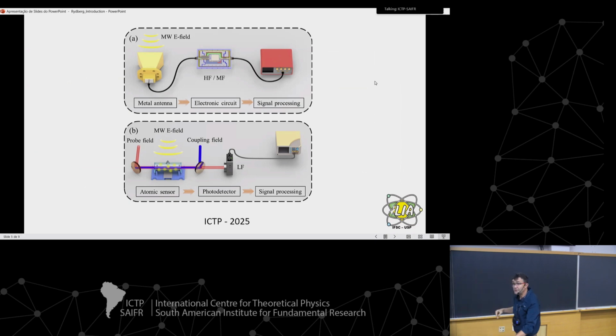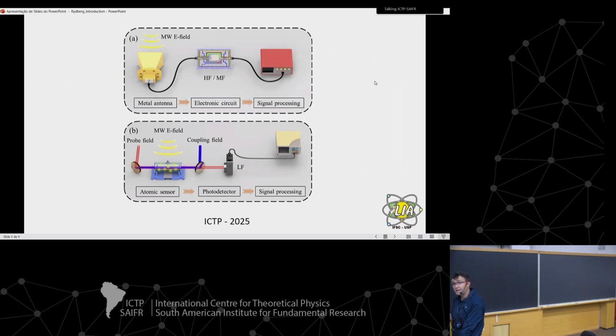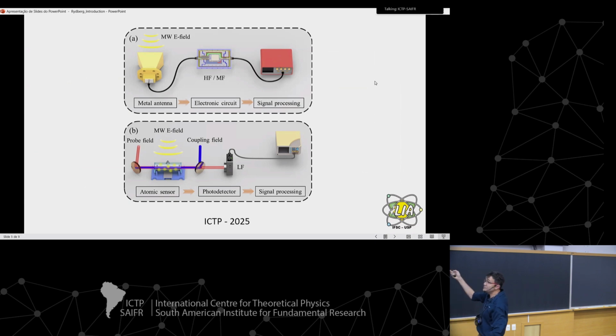If I go very deep in the Coulomb potential, it's going to be terahertz. So just by choosing which state I'm selecting, I can make this sensor work between megahertz and terahertz, okay? So this is a very powerful sensor.